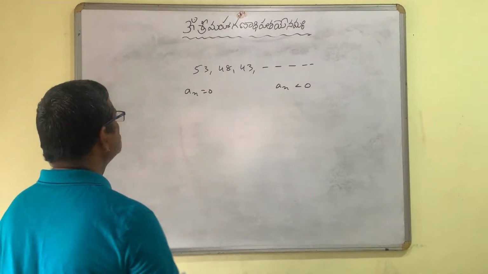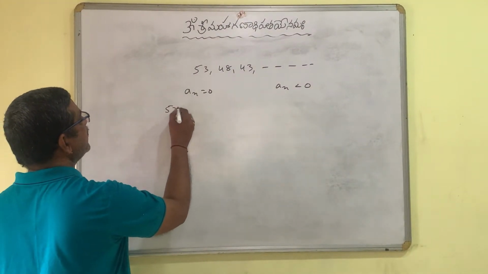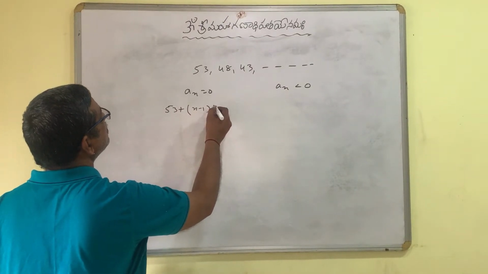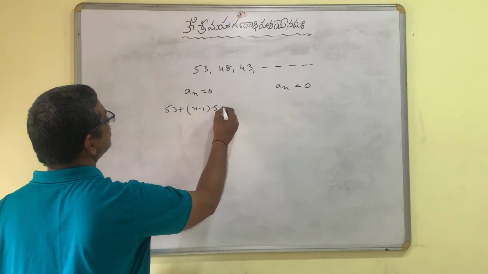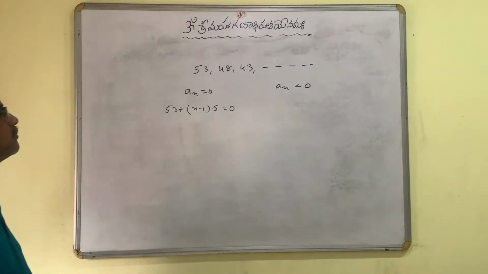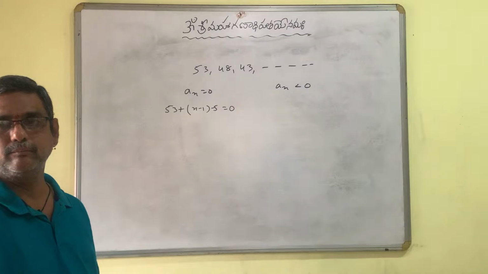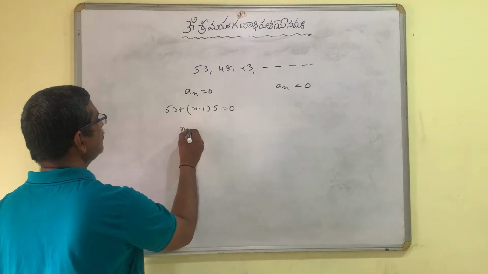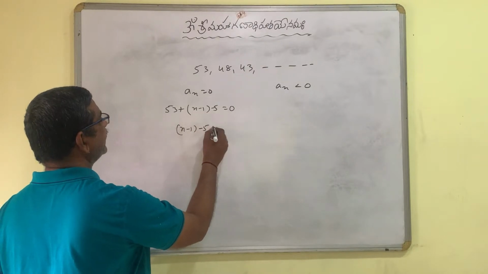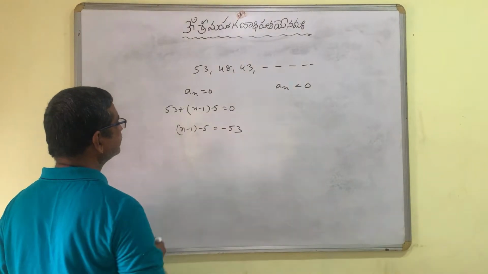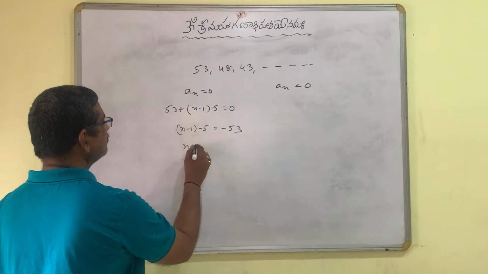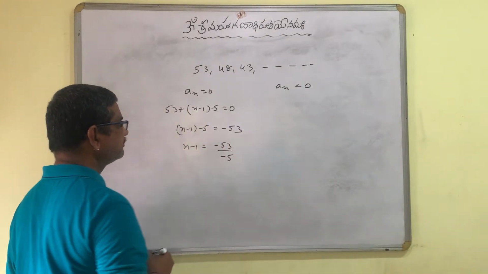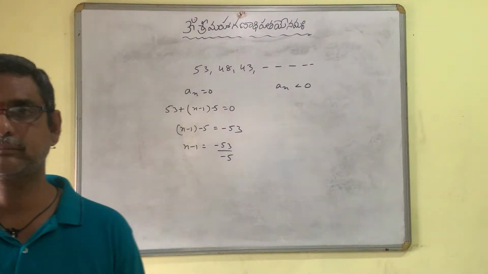Now, 53 plus n minus 1 into negative 5 is equal to 0. n minus 1 times negative 5 is negative 53. n minus 1 is equal to negative 53 by negative 5. Is that right?